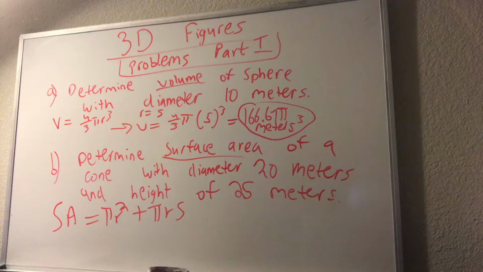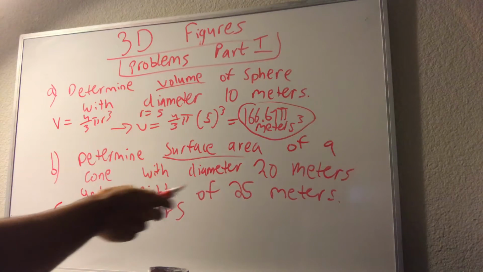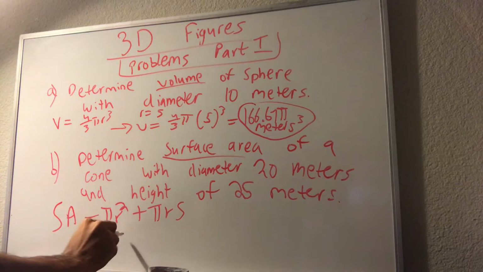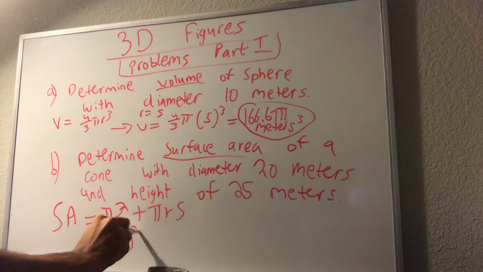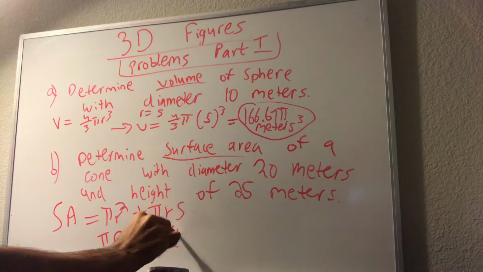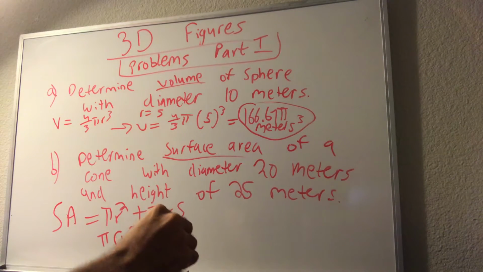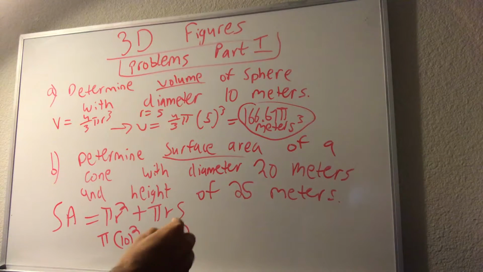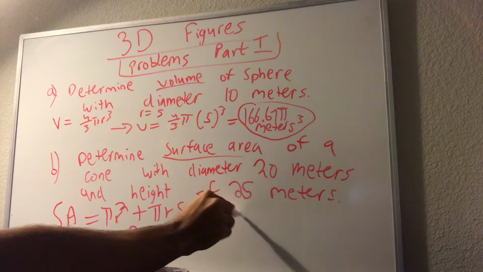We know that the diameter is 20 meters, therefore the radius is 10 meters. So we have pi times 10 squared, plus pi times the radius, again 10, times the slanted height. How exactly do we find it? Try to imagine a cone. You will see that the slanted height is like the hypotenuse.